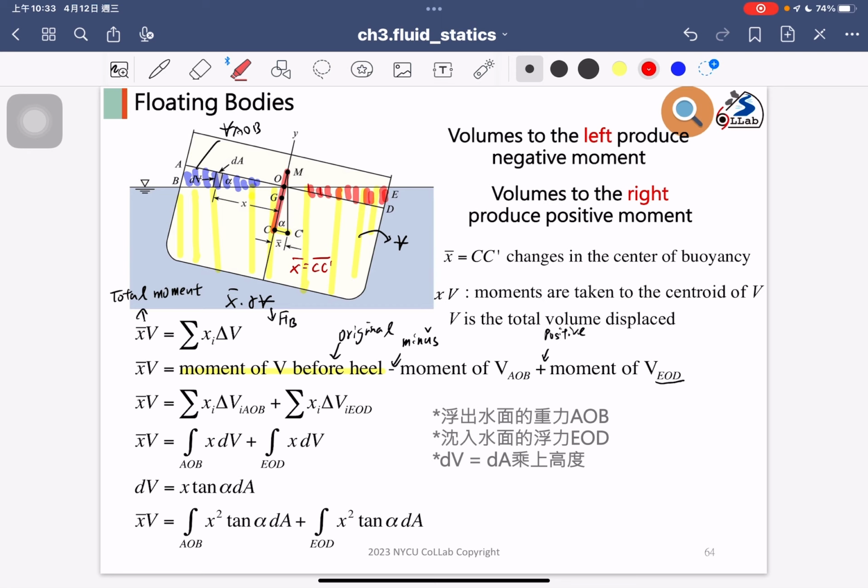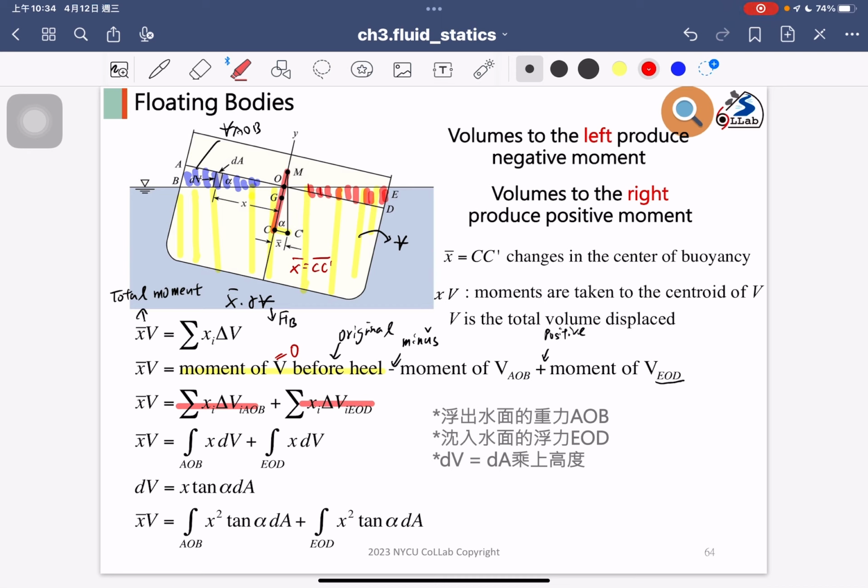But for the original volume showing here, there is no additional moment, right? Because the original is just steady state, so the original is 0. So the moment contributed from the original is 0. So finally, we only have the AOB and the EOD moment contributions.